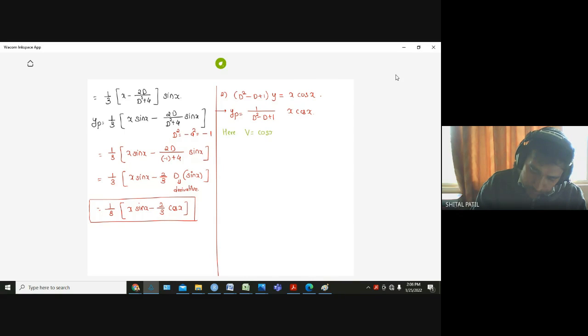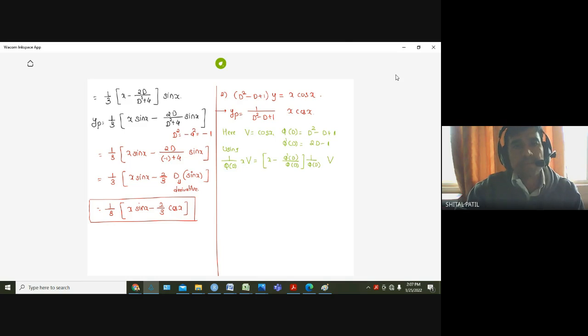P equal to cos x. Using... Use this formula. Do it yourself.